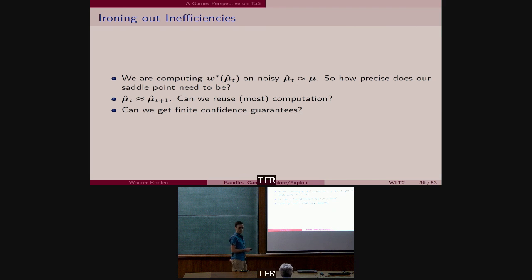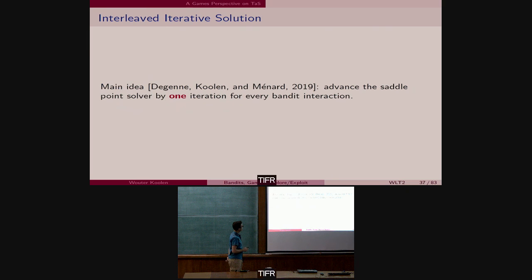So we need to know, can we stop early maybe to do less work? And then when you update by one sample, you actually don't move a lot in mu hat. So maybe you can actually reuse most of the computation so far and don't redo it. Okay? And we would like these finite constant guarantees.